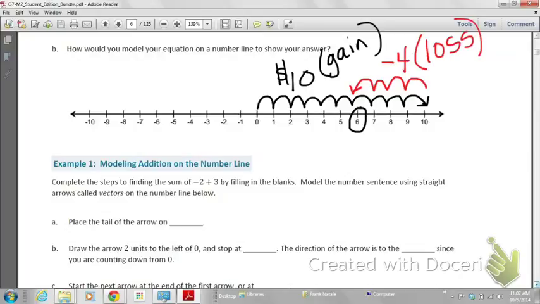Not necessarily a loss, but it's an expenditure. I guess you do lose the money, but you're getting snacks for it. So if you gain 10, you take away 4, you're left with 6. So again, maybe new terminology to you, this idea of gain and loss.